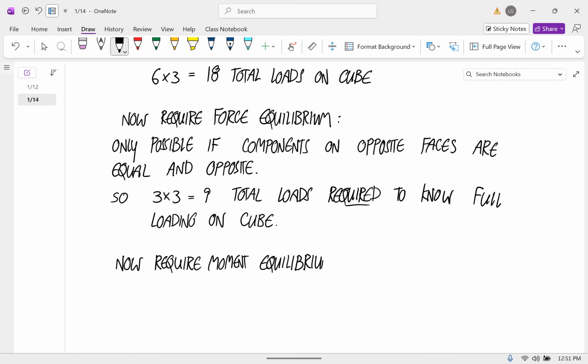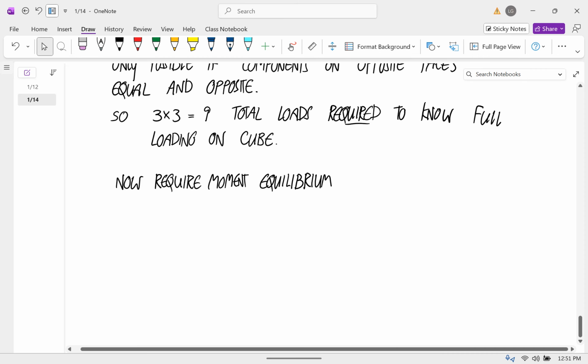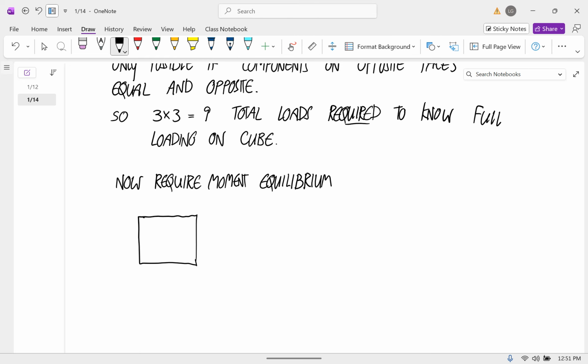The only way to have moment equilibrium, we'll think of it in 2D for a second now, if this is our moment x, y, and this is our moment y, x... is it YX or YZ?